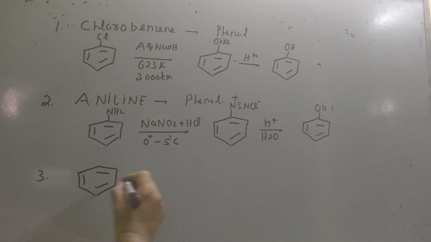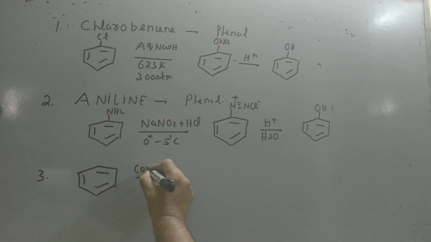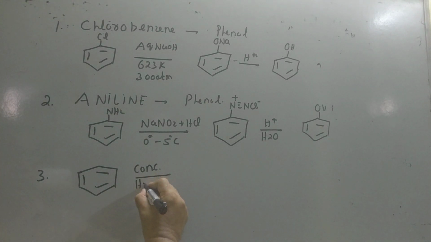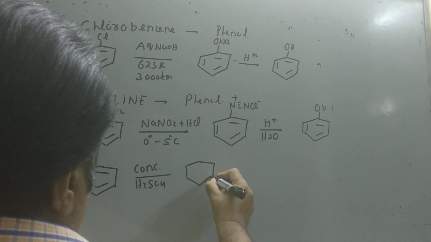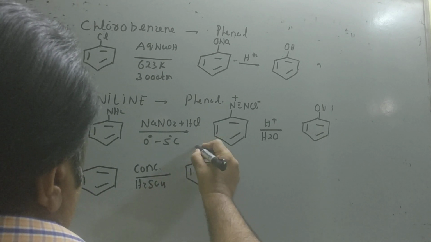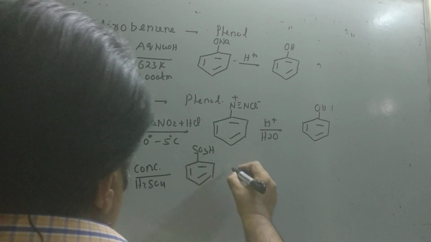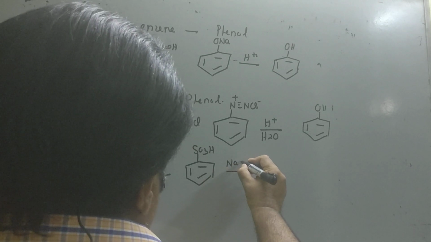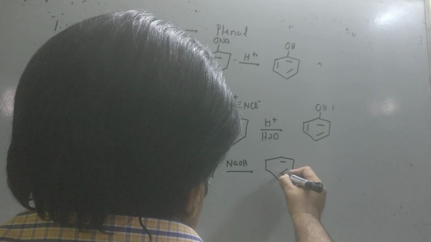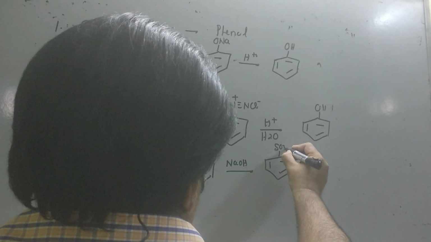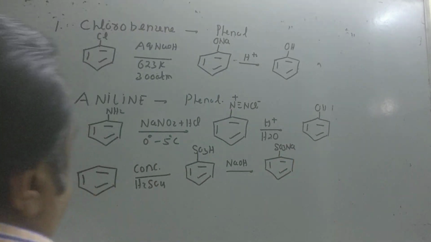Benzene into phenol. You do sulfonation with concentrated sulfuric acid, an electrophilic substitution reaction. You will get benzene sulfonic acid. Make a salt of benzene sulfonic acid by reacting with NaOH. You will get benzene with SO3Na, called sodium benzene sulfonate.